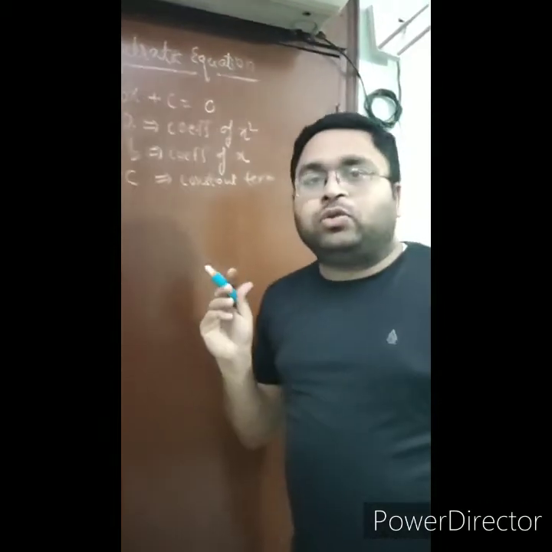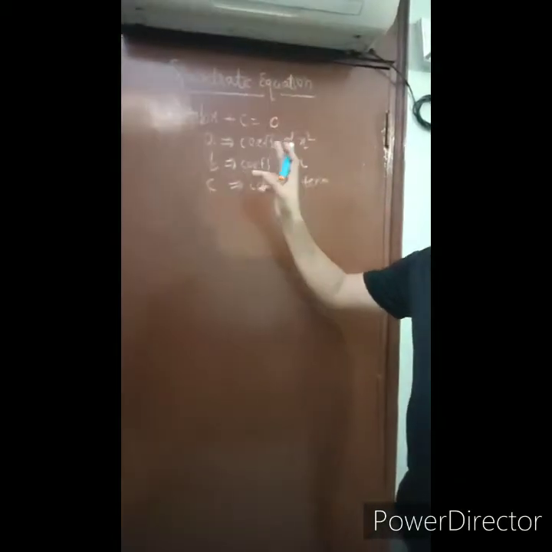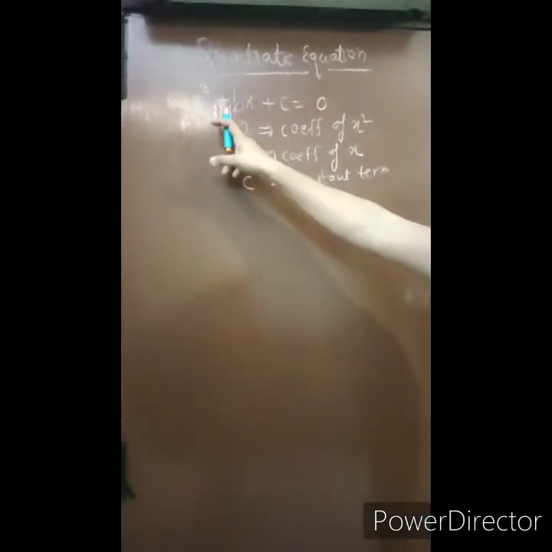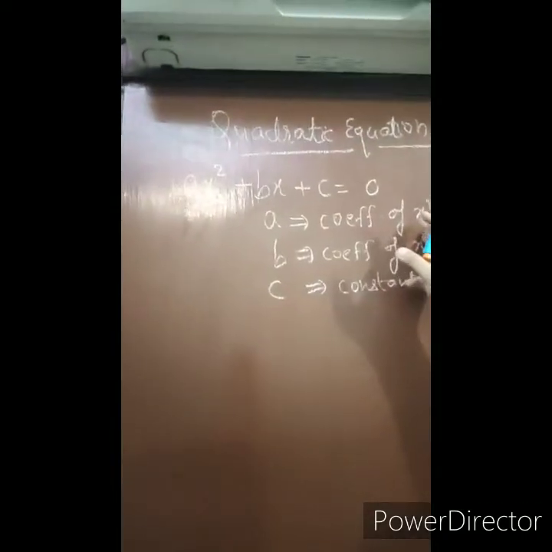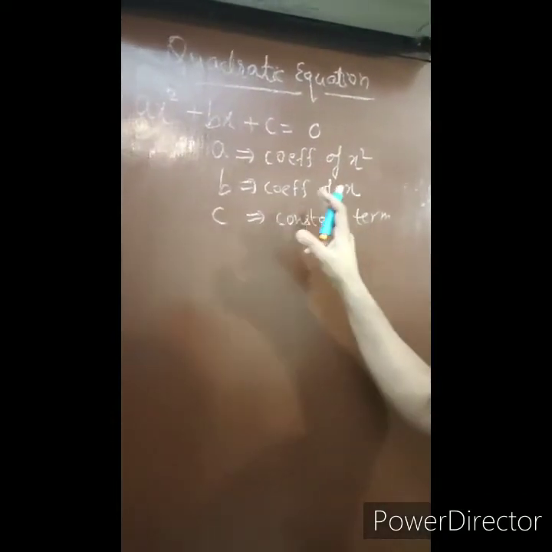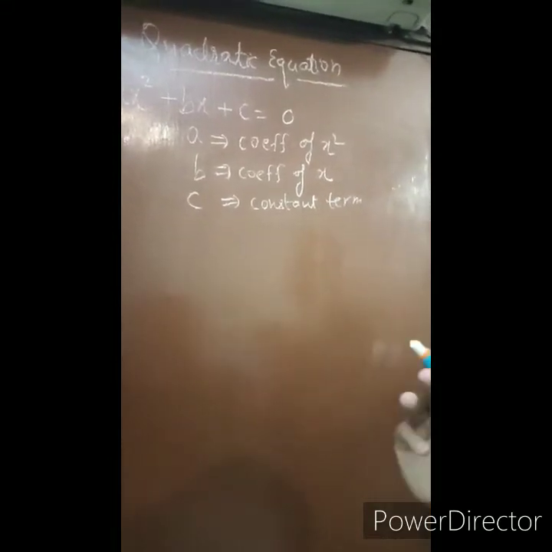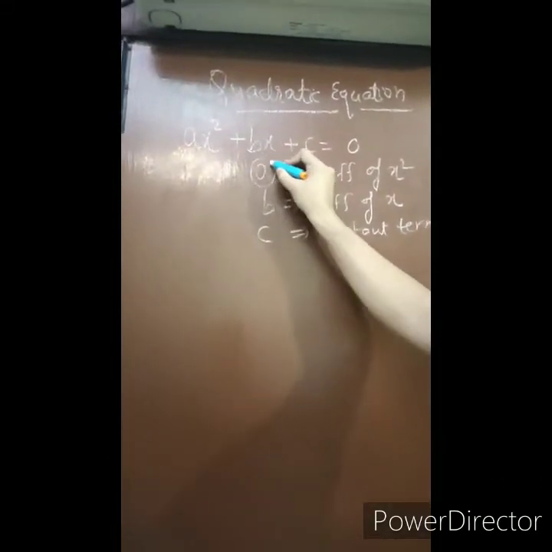I have already told you a, b and c, these three terms are constants and the variable is x. Clear? So a is the coefficient of x square, b is the coefficient of x and c is the constant term.